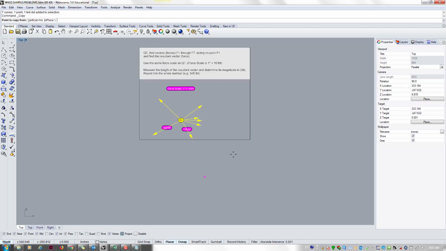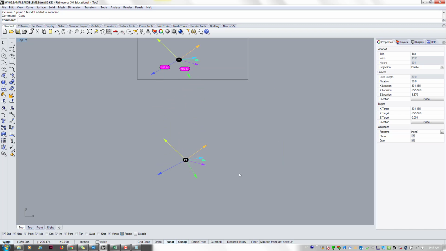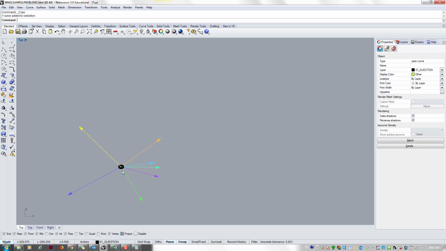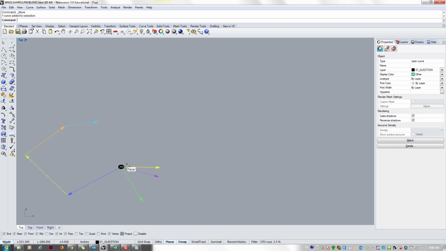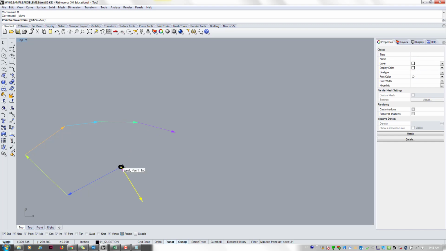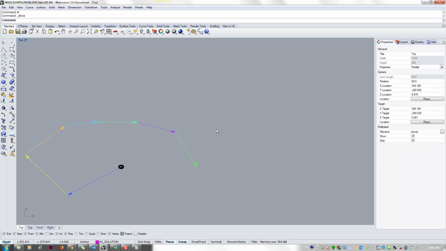So what we can do is just do a tip to tail method. Again, the order doesn't matter. If I want to add all of these, let's say this is the first one, that's the second one, that's the third one, this is the fourth one, fifth, sixth, and seventh.